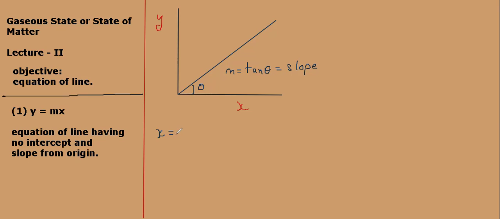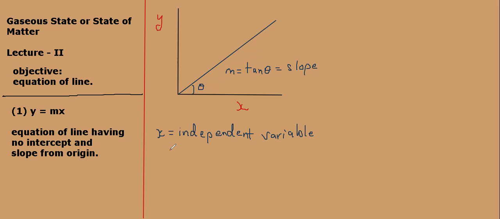So x here stands for the independent variable. Independent variable means which does not depend on the value of the dependent variable. Here in this case the x value can be 0, 1, 2, 3 and so on, even 0.5, 1.5 and so on.